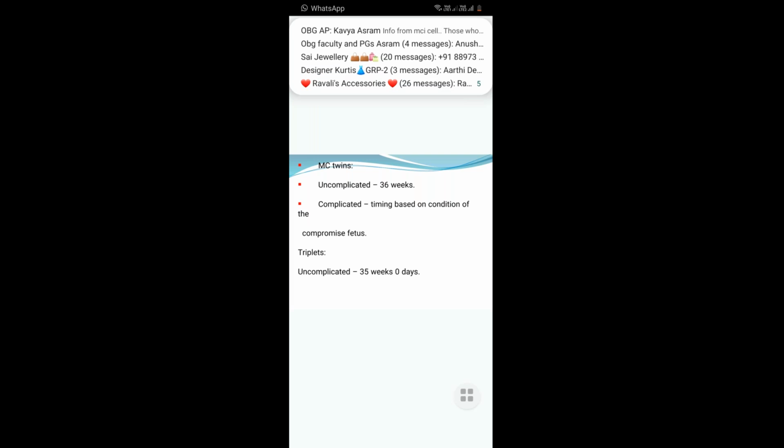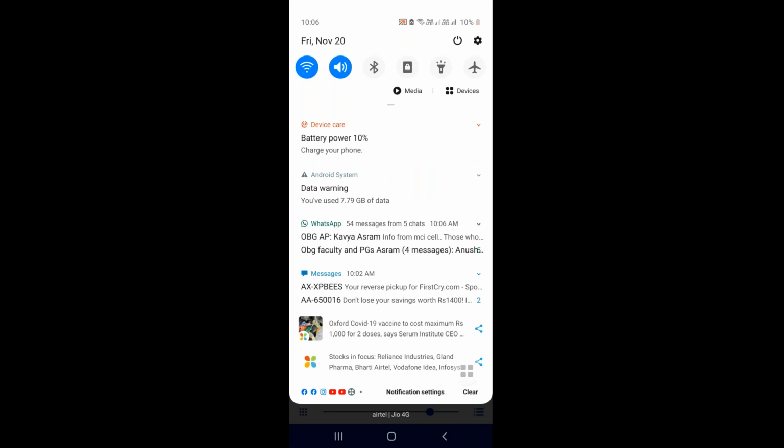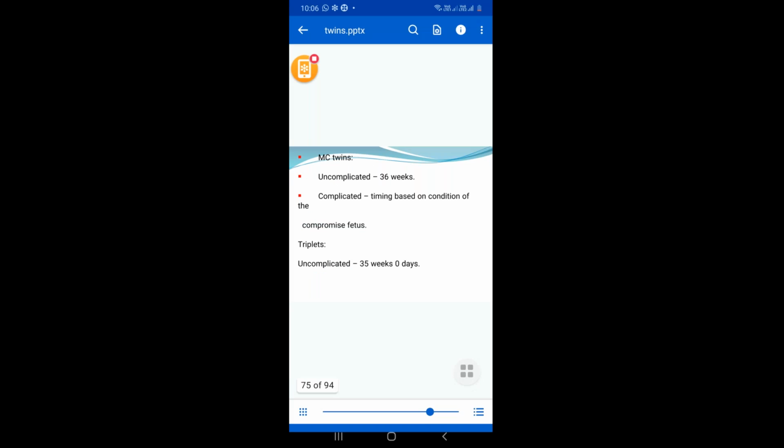Usually we say 38 weeks term for a singleton pregnancy. You need to minus 2 weeks when one more fetus is added. That is 36 weeks. If one more fetus is added, that is triplets, then their term will be 34 weeks.